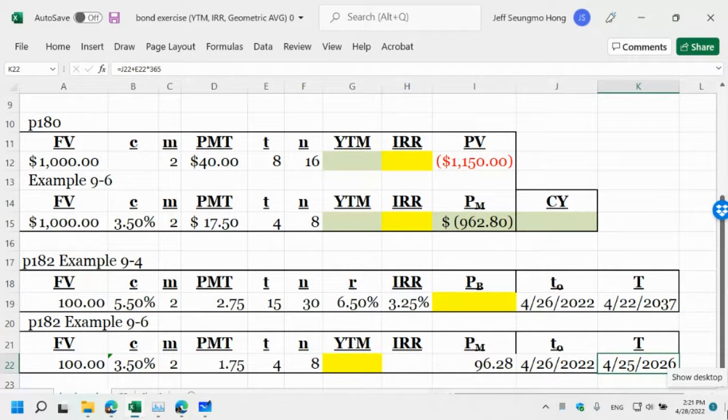So if it is 2022, it will be 122 years times 365, plus the zero date, January 1st, 1900.